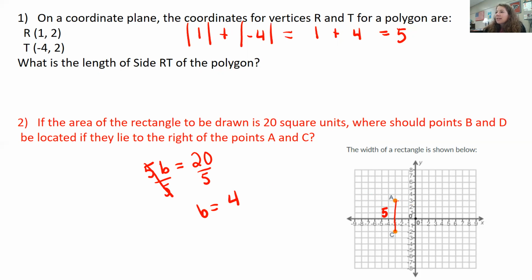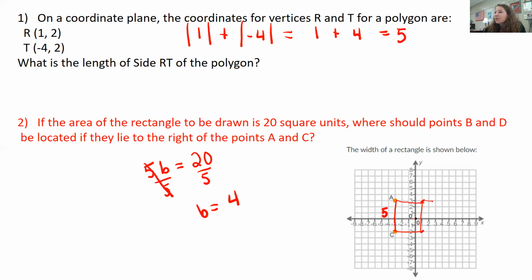So a 4 by 5 rectangle has an area of 20. It says the other vertices lie to the right of A and C. So I'm just going to count over 4 units. 1, 2, 3, 4, and that would be my other 2 vertices. So what is this coordinate?